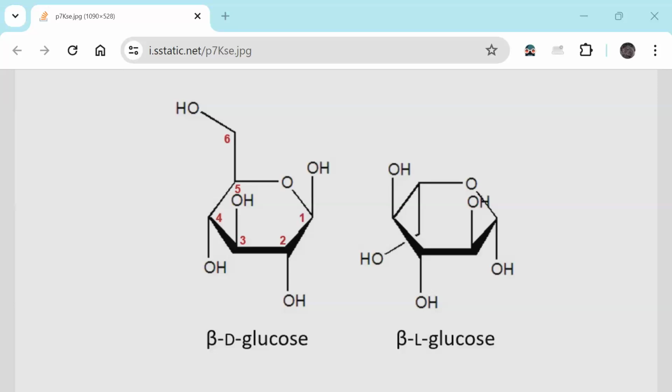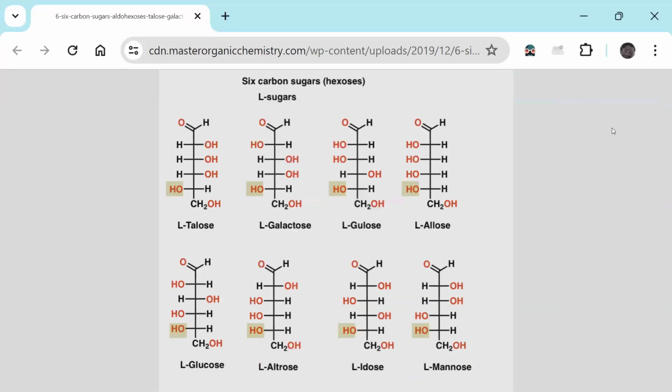Let's pull up another one of these guys. Have we seen these names before? Obviously, we've seen one of them. These are all isomers of each other.